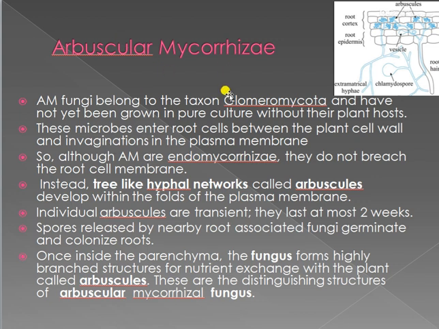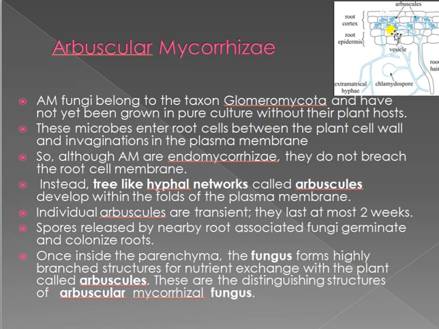In arbuscular mycorrhiza, it penetrates into the cortical cells, and it is an endomycorrhiza. It is not piercing or rupturing the cell, but it enters and forms tree-like hyphal networks within the cortical cells.